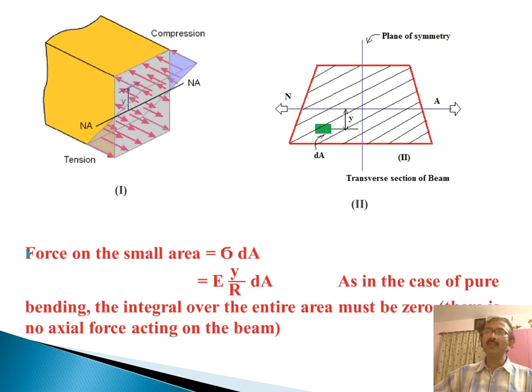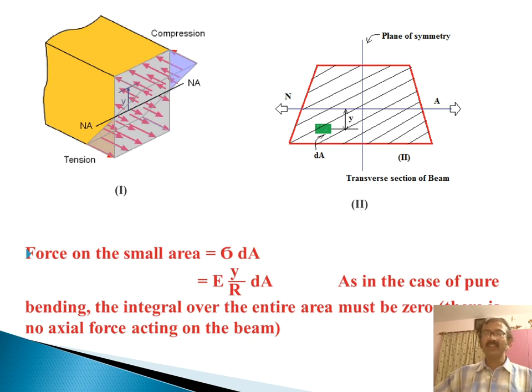Now we consider a small elemental area dA at a distance y from the neutral axis of the beam. The force on the small area is stress into area, that is sigma into dA, where sigma equals E y by r.